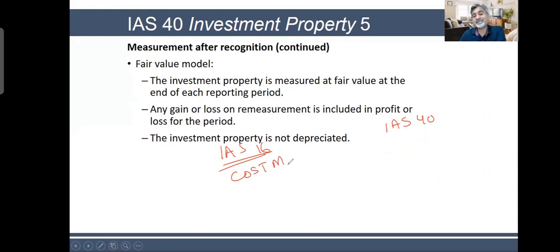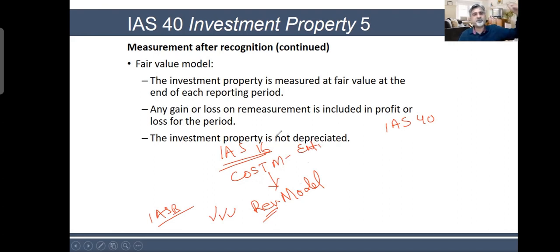But then at some point in time, they decide to switch to the revaluation model. When they decide to switch to the revaluation model, it is appreciated by IAS. It is appreciated because the cost model is entity specific. You are not seeing the price of the asset in the market. You are only seeing your own book value minus depreciation, which might not be real.